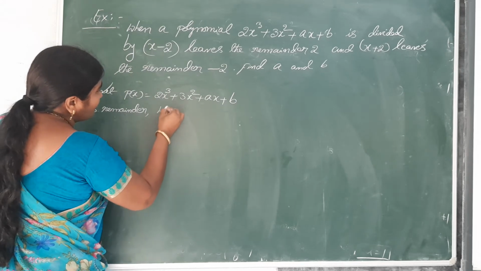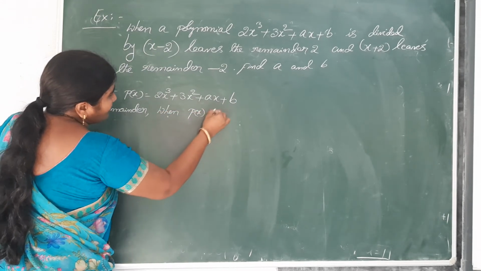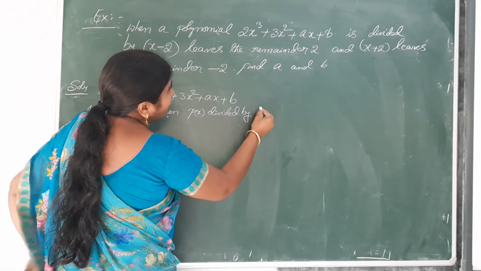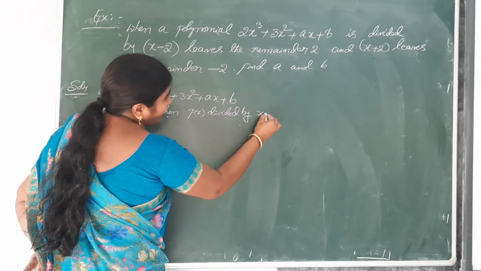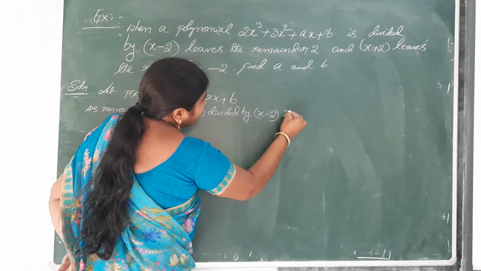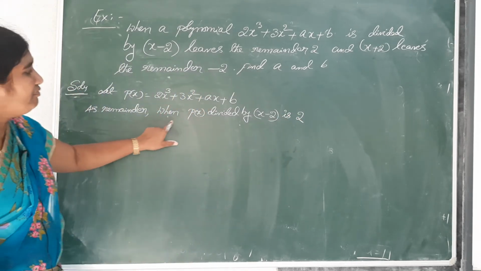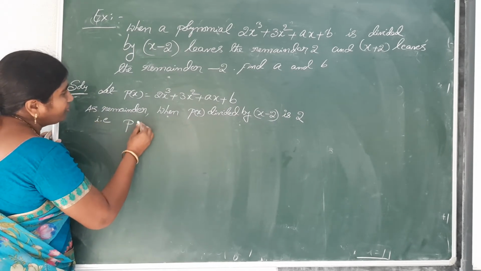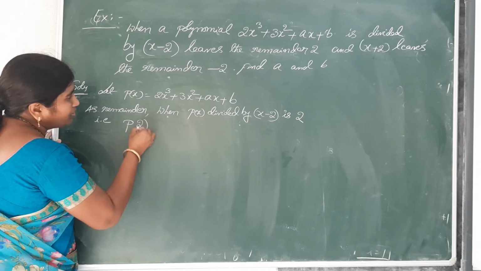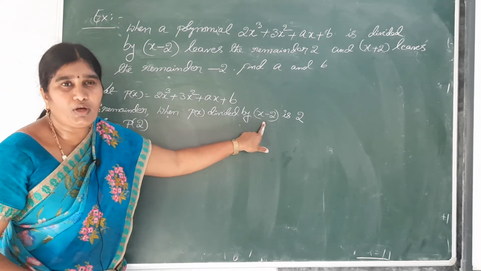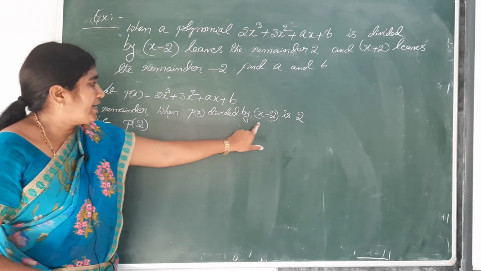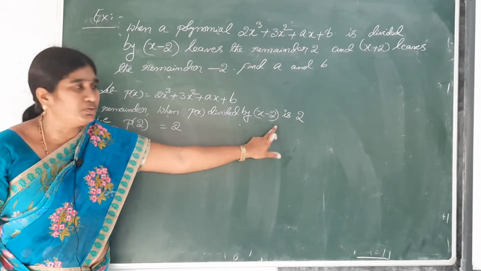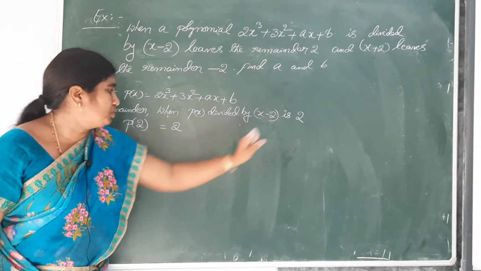The remainder when P of x is divided by x minus 2 is 2. That is, P of 2 equals the remainder. Setting the divisor x minus 2 equal to 0, x equals 2. P of 2 equals the remainder, which is 2.